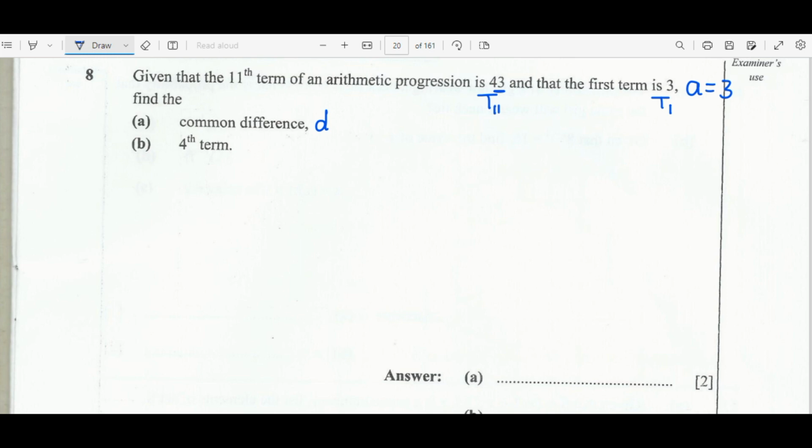We are going to say term number 1, 2, 3, 4, 5, 6, 7, 8, 9, 10, 11. Since we have the 11th term, we are going to end at 11. So our 11th term is 43. Then our first term is 3. This is our term number 1.